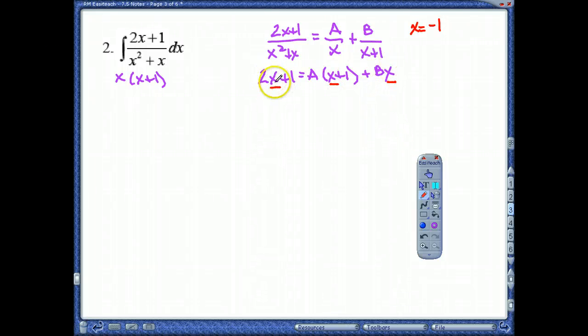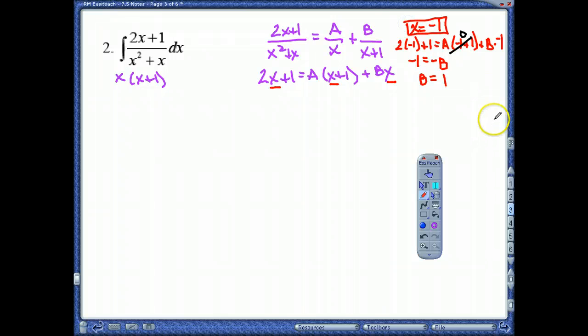So I'm going to have 2 times negative 1 plus 1 equals a times negative 1 plus 1 plus b times negative 1. So 2 times negative 1 plus 1 is negative 1. This cancels, that gives us 0. And then you have negative b. So b turns out to be 1. So at x equals negative 1, that helps me figure out what b is equal to.